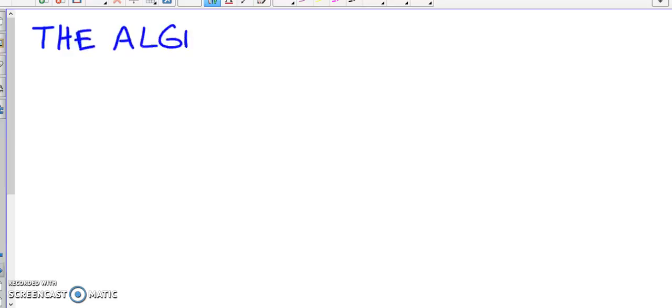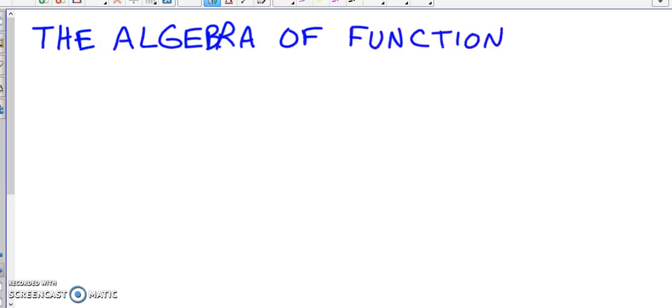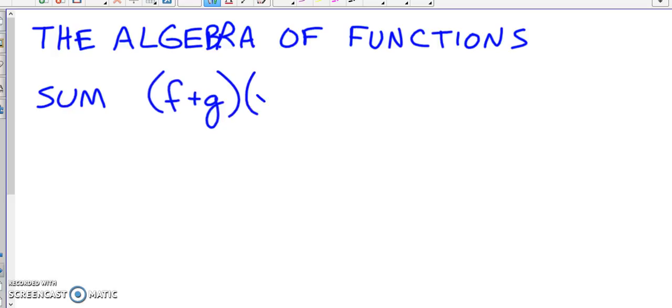The algebra of functions. So, the sum. If I want to do f plus g of x, let's say I have some f of x and some g of x, and I want to do f plus g of x, what do you suppose you would have to do?